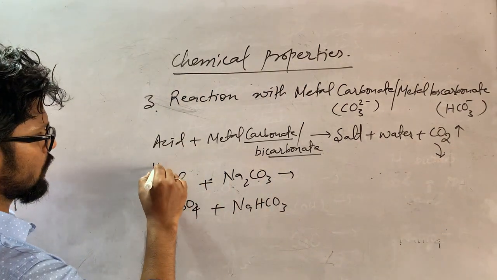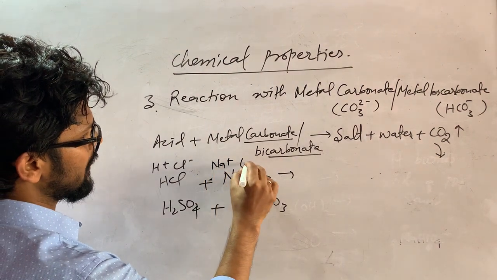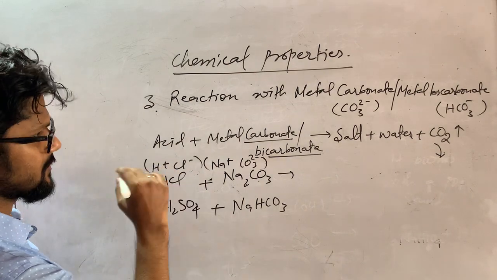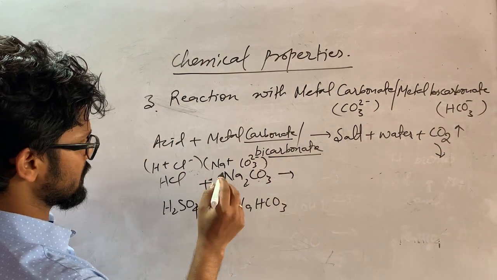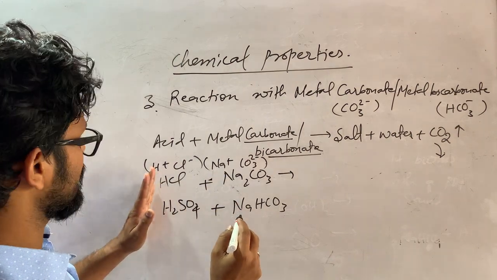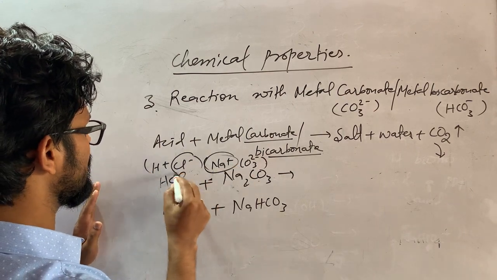Yes. So what will be the product? Same method, break into ions, H plus and Cl minus. It will break into Na plus and CO3. Positive of the first will go with the negative of the second.